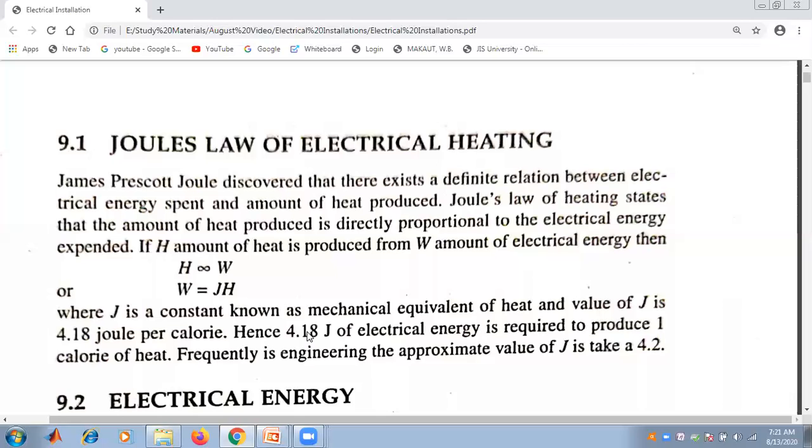In engineering, we take the approximate value of J as 4.2. So this is the general conception of Joule's law of electrical heating.